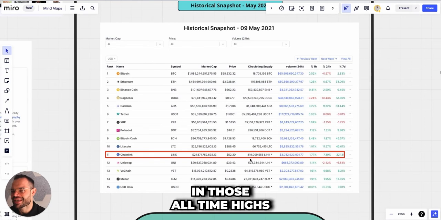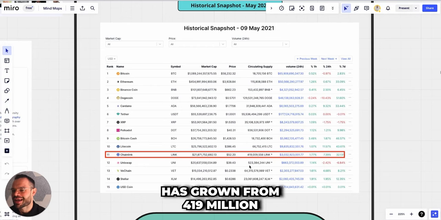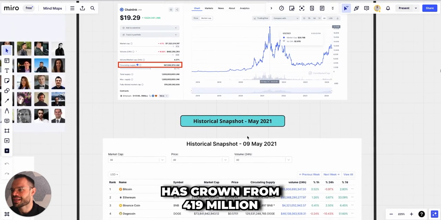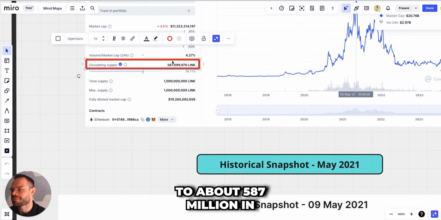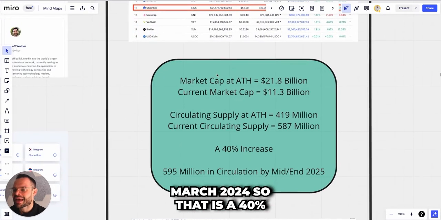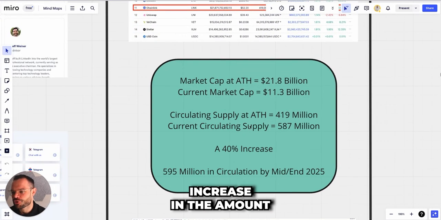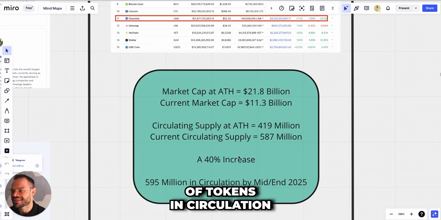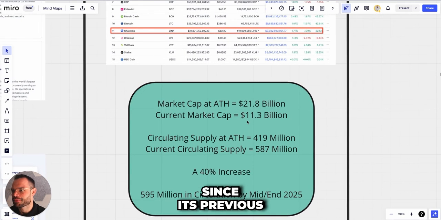As we can see, the circulating supply has grown from 419 million in May 2021 to about 587 million as of today, end of March 2024. So that is a 40% increase in the amount of tokens in circulation since its previous all-time high.